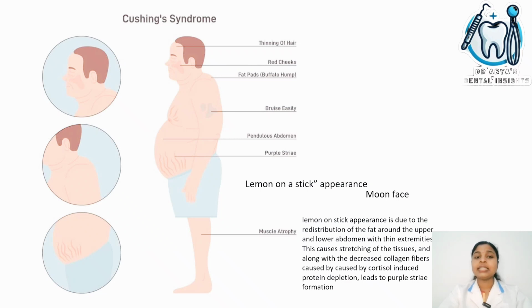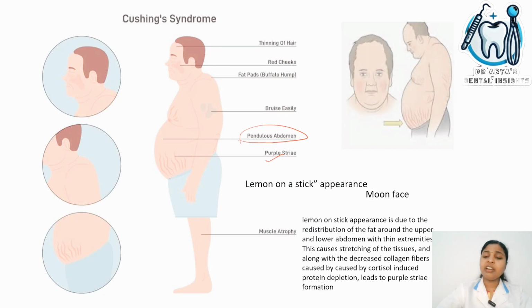Here there is thinning of hair, red cheeks, and also the buffalo hump, that is, fat pads, and then bruising easily. And here this is the pendulous abdomen, or truncal obesity is seen. Then purple striae is seen, and also there is muscle atrophy.